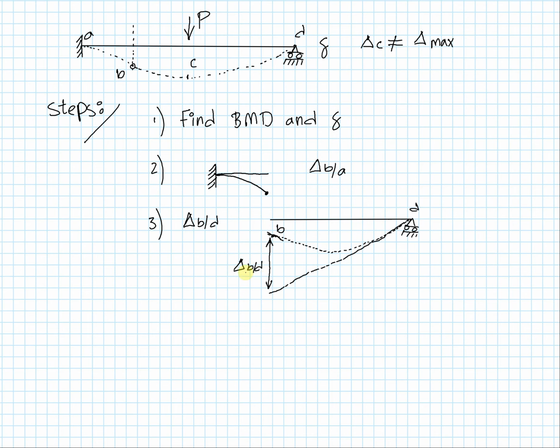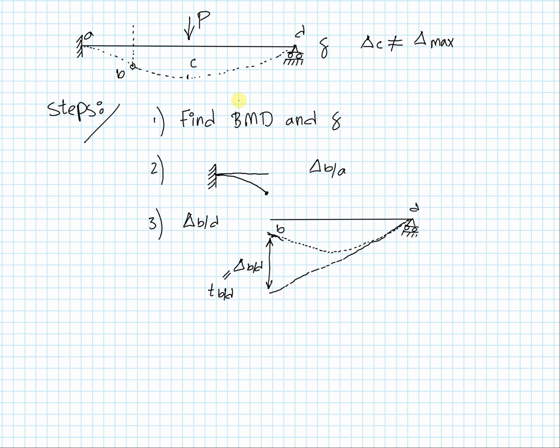You could also think about this as TBD. These are the same things. Okay?